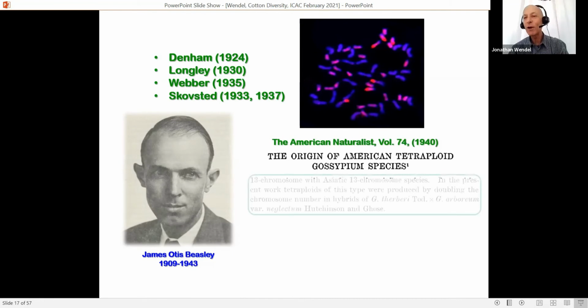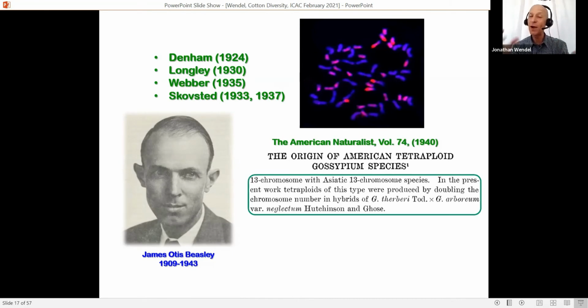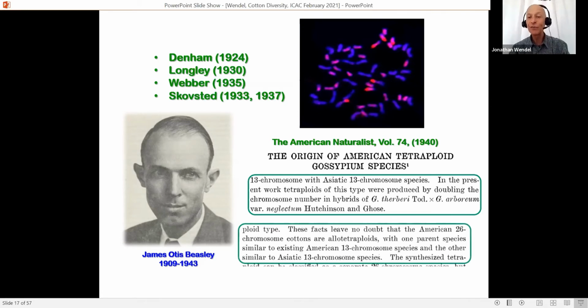And they experimentally synthesized a thurberi arboreum hybrid, colchicine doubled it, showed that it was fertile with hirsutum and that the chromosome pairing was as expected, and proved that the New World tetraploid cottons have Old World cotton. And so this led to a lot of mysteries. Who were the parents of the polyploids? How did this happen? When did this happen? So in the 1970s, I became interested in this classic botanical mystery.